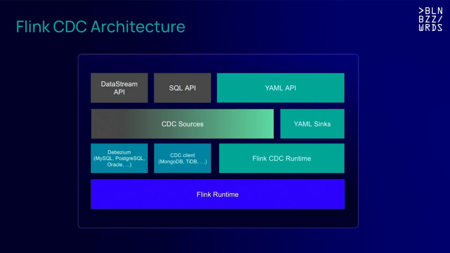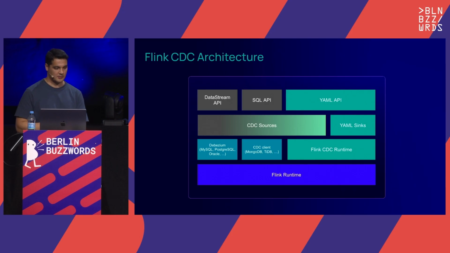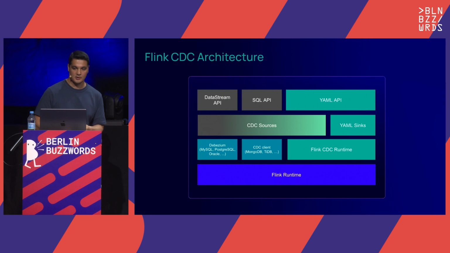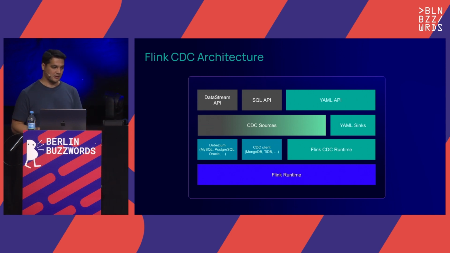Okay, let's look at the architecture. It reflects the user interfaces. As you can see, the DataStream and the SQL API only include the FlinkCDC source. But if you are using the YAML API, you will have the end-to-end data pipeline to use, so both source and sink.